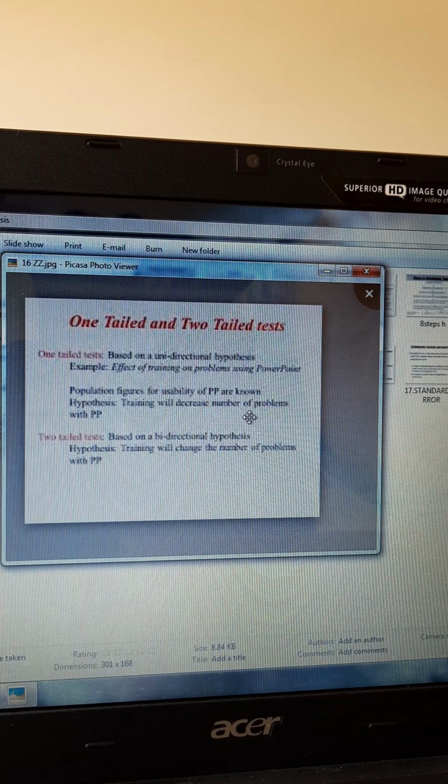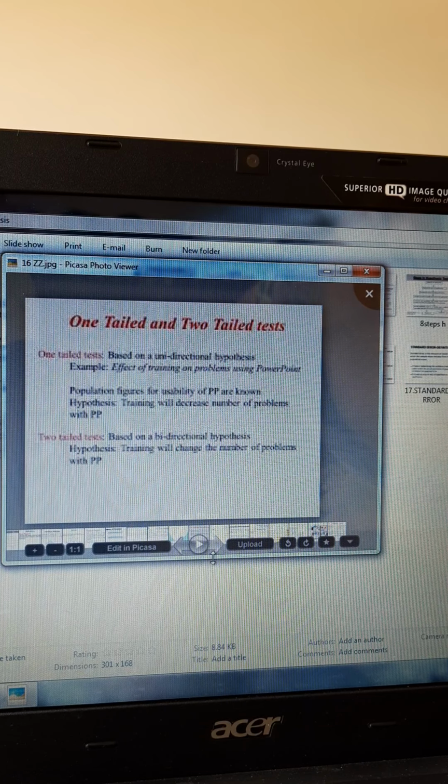Training will decrease the number of problems, so it is one directional. How will you make it neutral? Training will change the number of problems. You haven't specified a direction, so it can be positive or negative. So you can make it unidirectional or neutral, your one-tailed and two-tailed test.